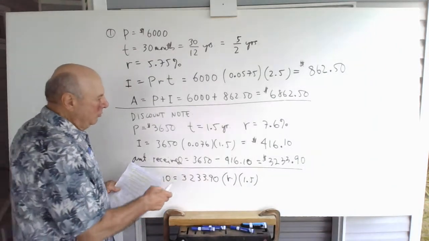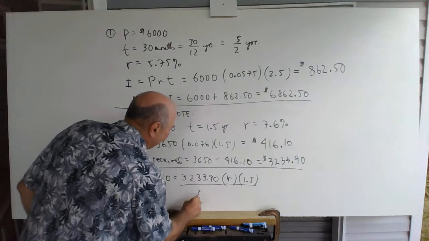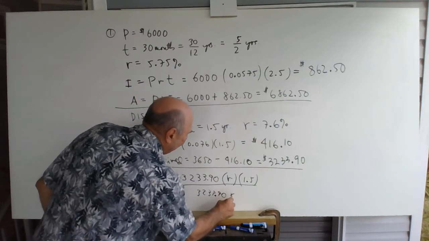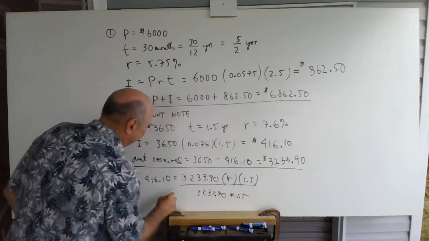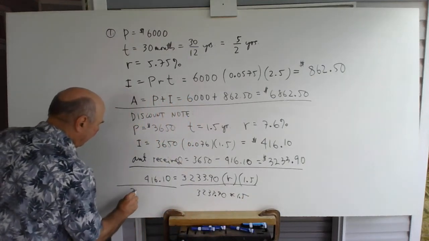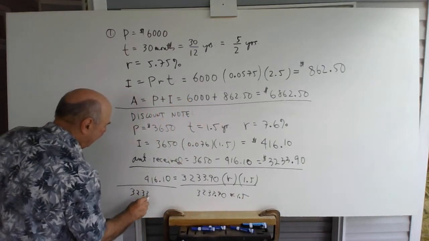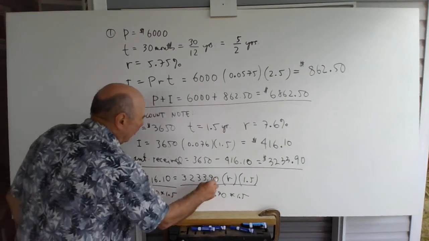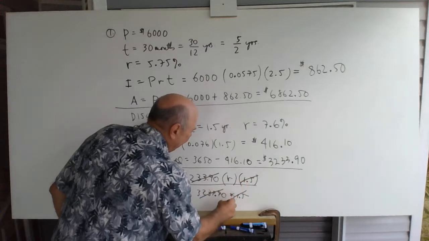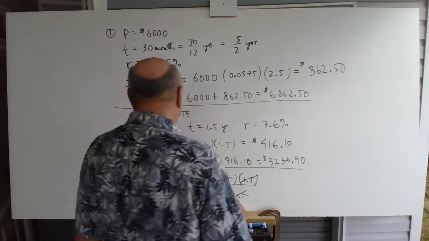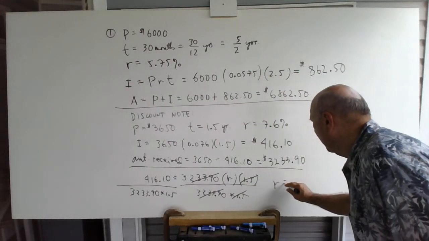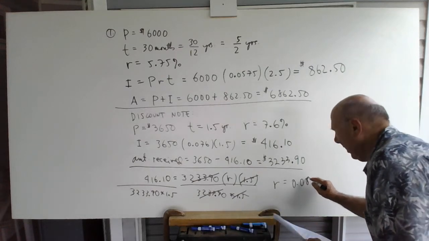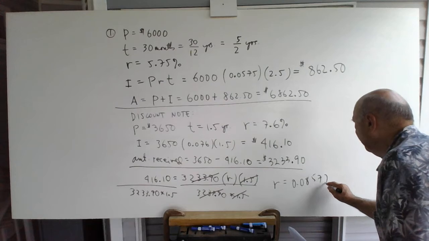So when you work this out, when you divide both sides by 3233.9 times 1.5, this cancels, obviously. You have R. And when you work that out, you see that R is equal to 0.085778.